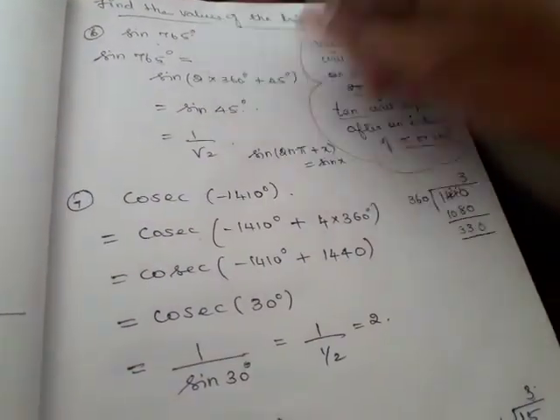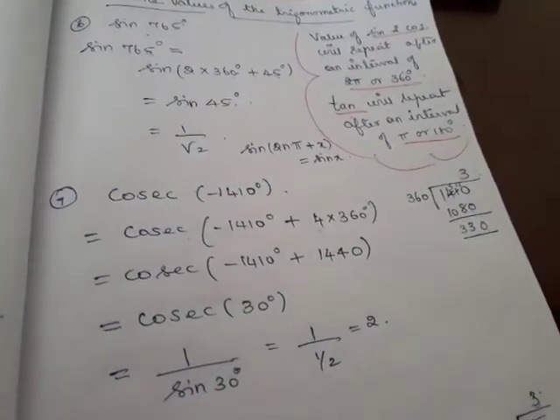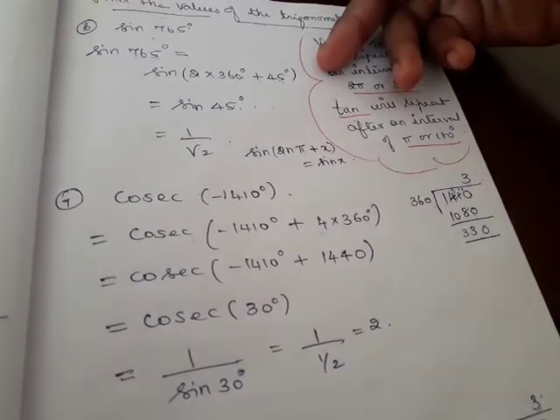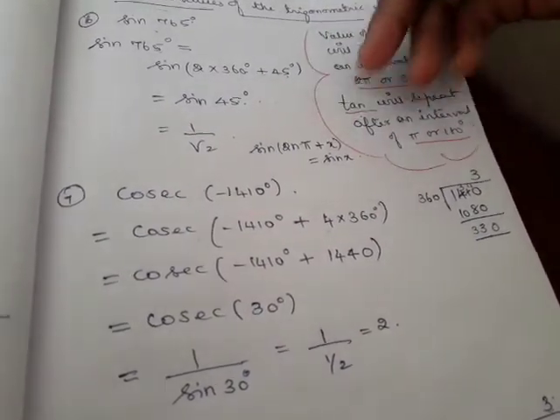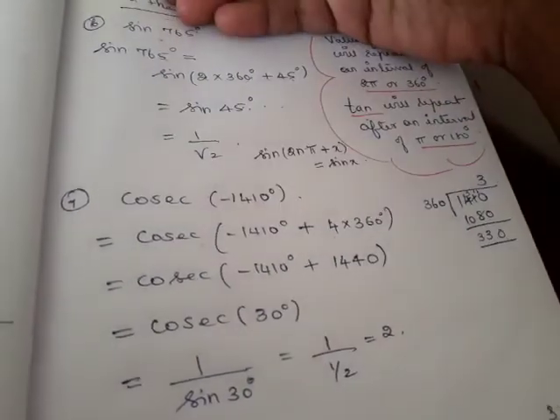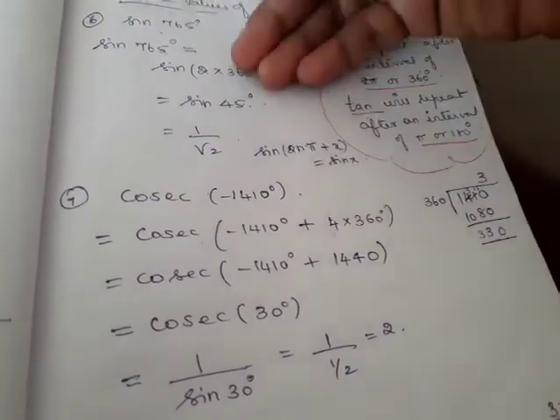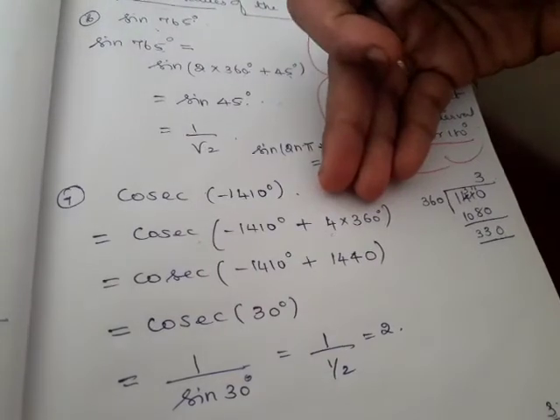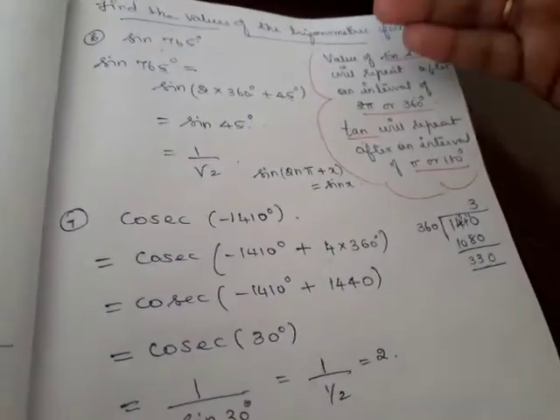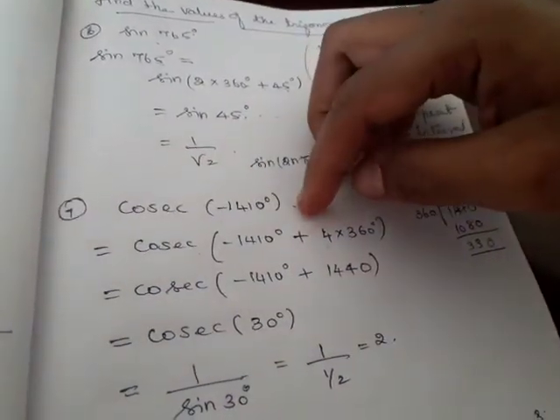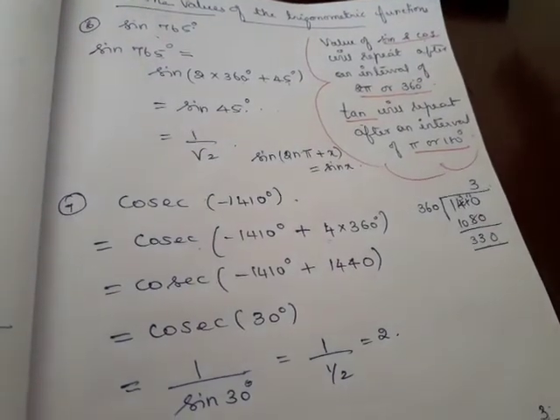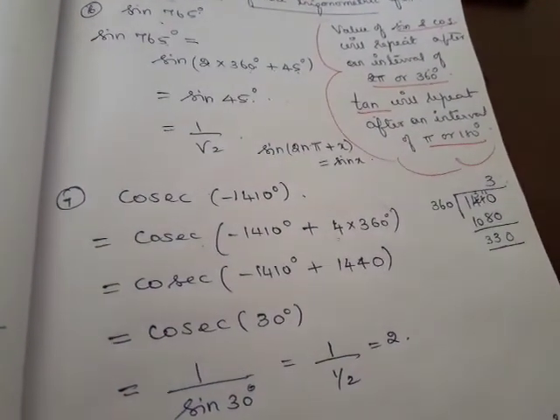If it is a positive angle, you can directly split it into the multiples and then add the remaining, so that you will get the actual question. This way you cannot write the negative number, because if you write, one will be negative, one will be positive, so you have to subtract. If you subtract, you won't get the actual angle which is given in the question, right?